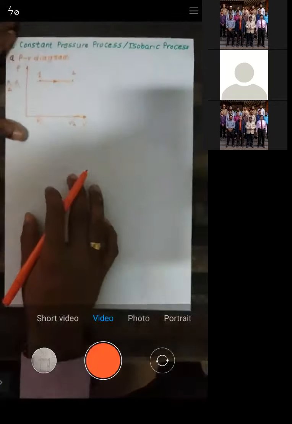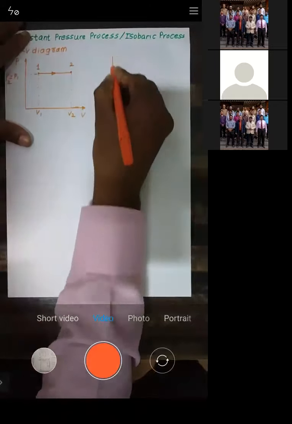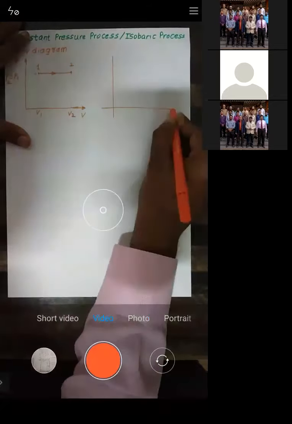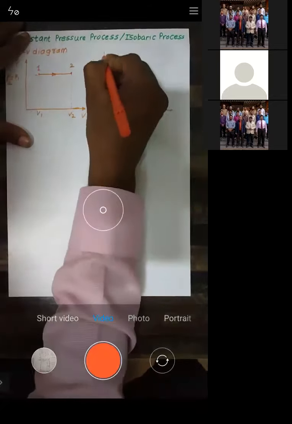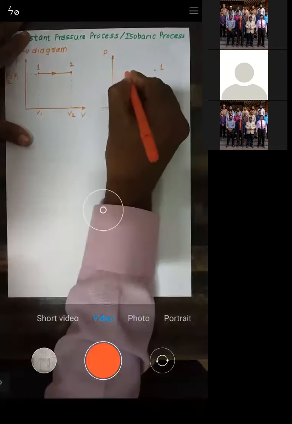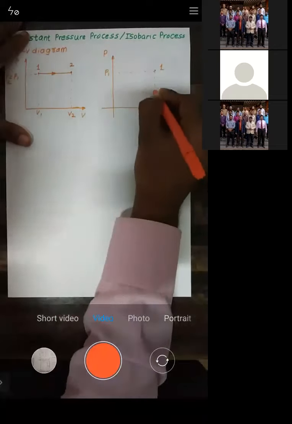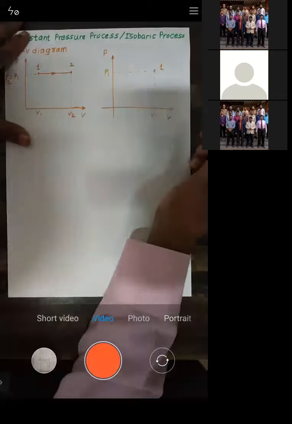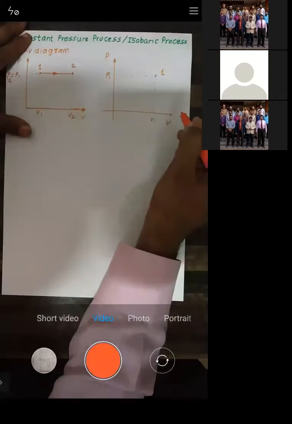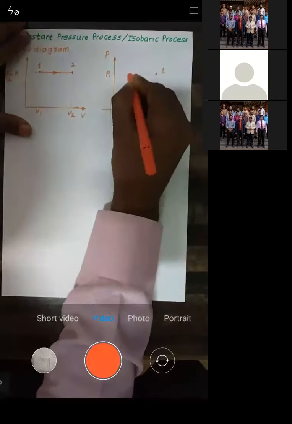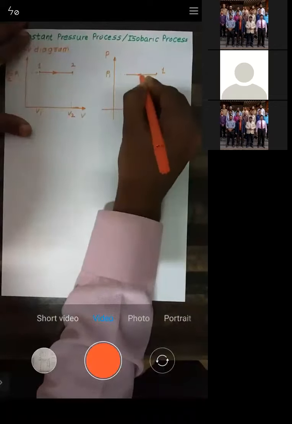Now, many of you have doubts: sir, why do you move only in the horizontal direction? Not a problem. We can also have a reverse process. Let's say this is the pressure scale and this is the volume scale. If I take point number one here, where I have pressure P1 and volume V1, now from point number one I will move towards the left-hand side.